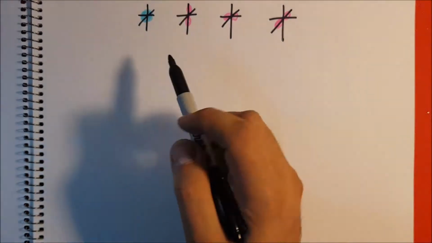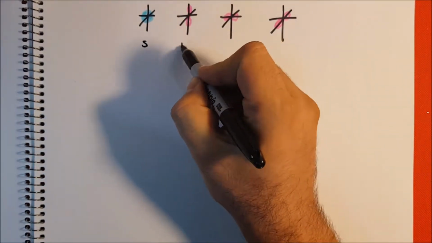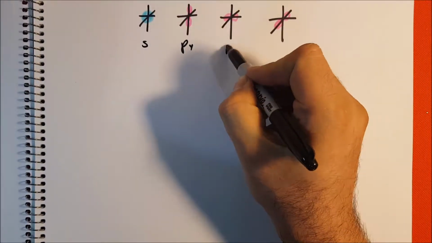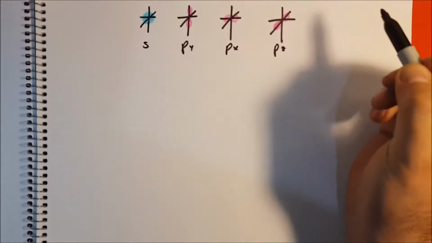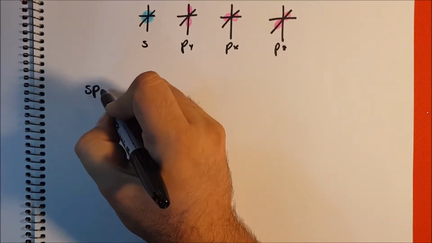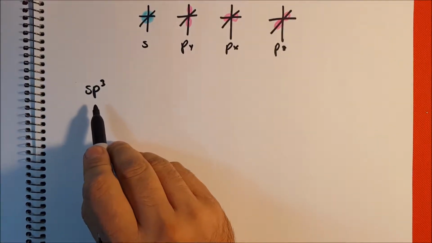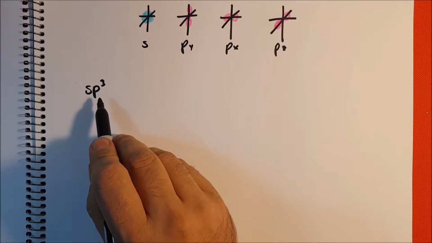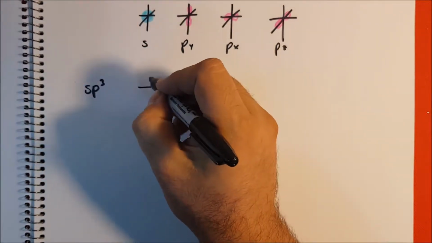And these are in the unhybridized form, right? So let's say that we go ahead and we decide to mix all of these orbitals together. And the result of this recipe of S, Py, Px, and Pz is going to be, when we mix all of this, we're going to get a recipe called sp3, because it's made out of 1 s and 3 p orbitals, right?